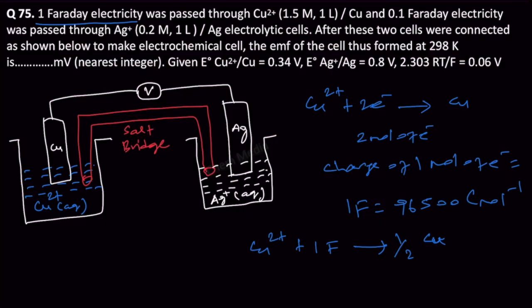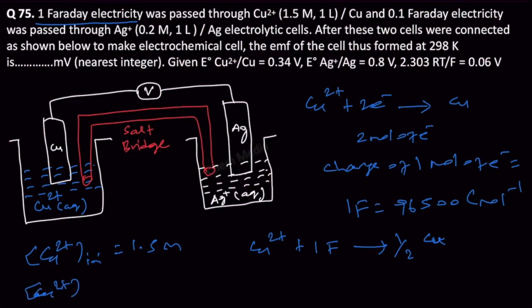So now what would the concentration of Cu2 plus be? The new concentration. Initially, the concentration of Cu2 plus is 1.5 molar before the electricity is passed. So after the electricity is passed, what would it become?